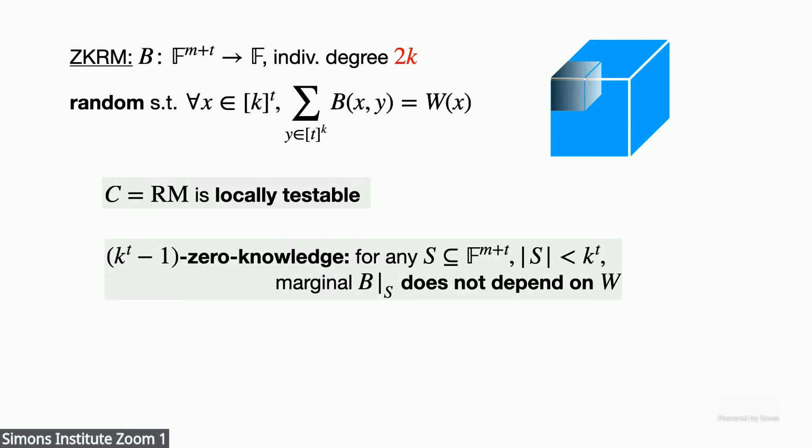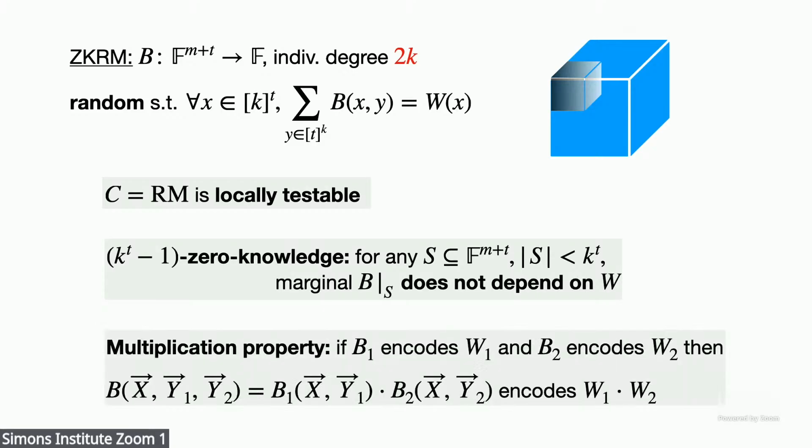This intuition is only really true if I look just inside of the hypercube, but you can show that because of this blow up in the degree, it's true even if I allow queries across the entire space. Okay? So in order to learn any single point of w, I have to make k to the t queries.